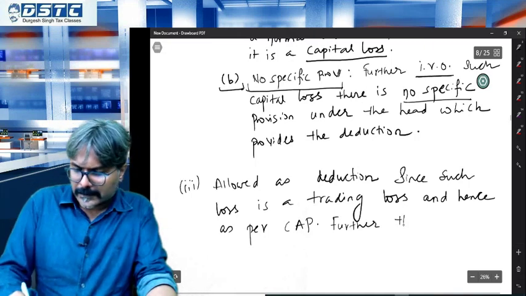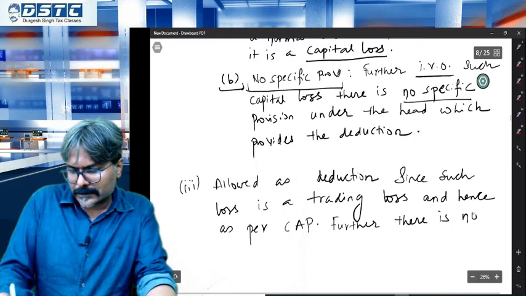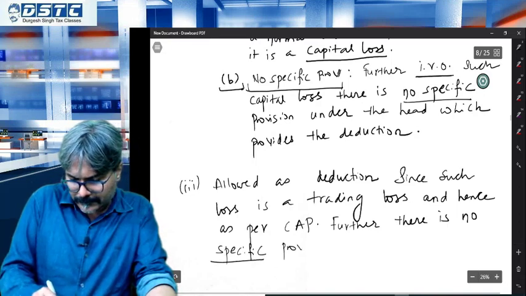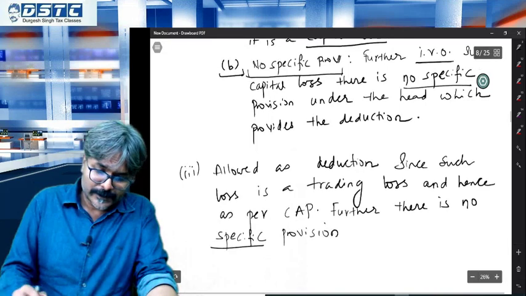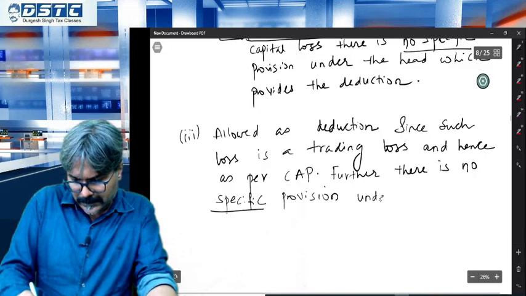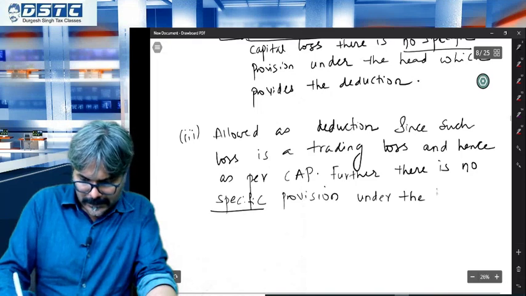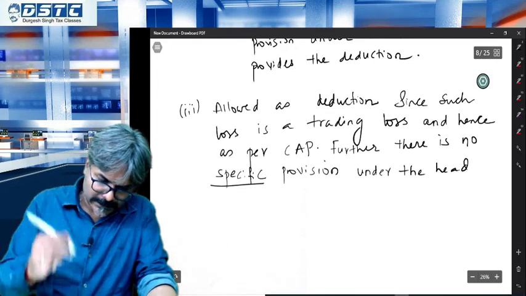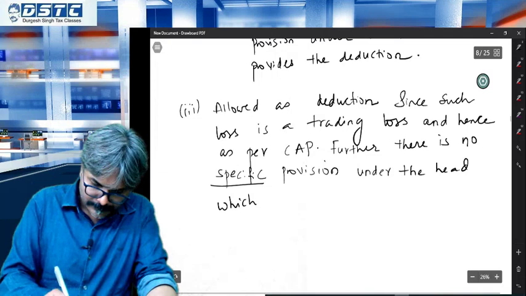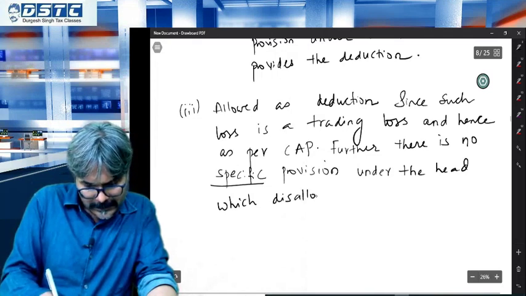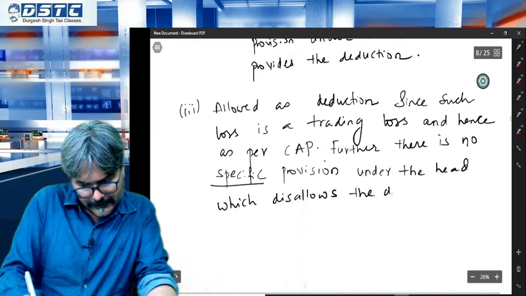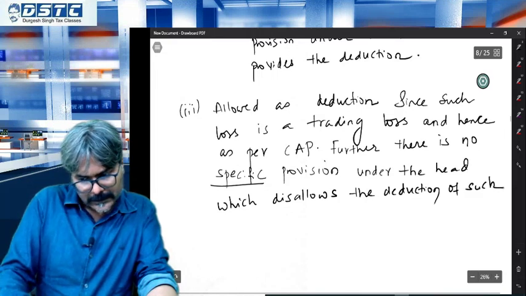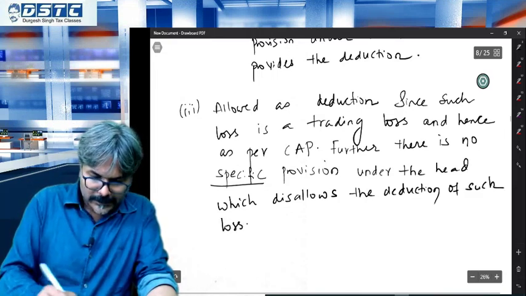Further, there is no specific provision under the head which disallows the deduction of such loss.